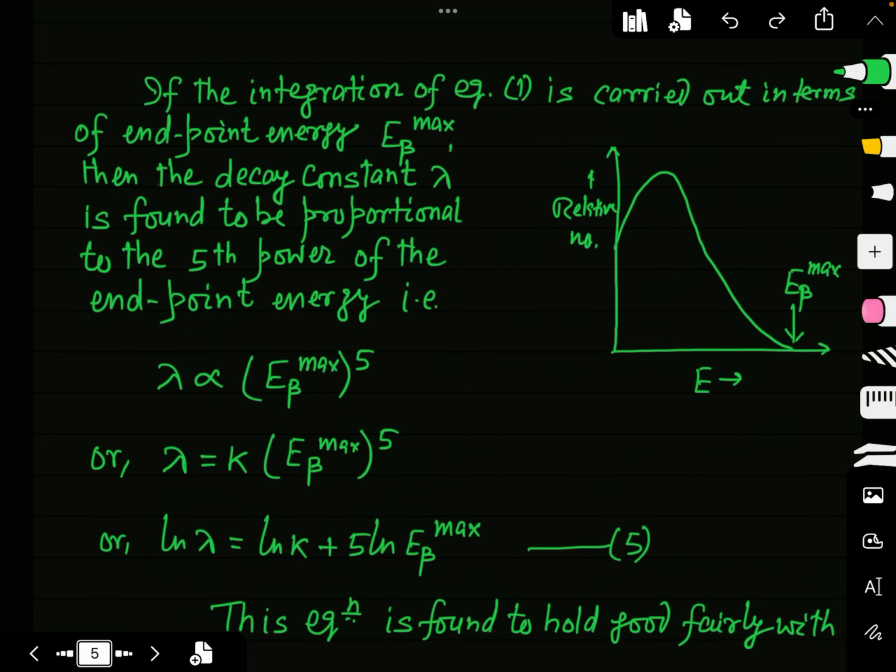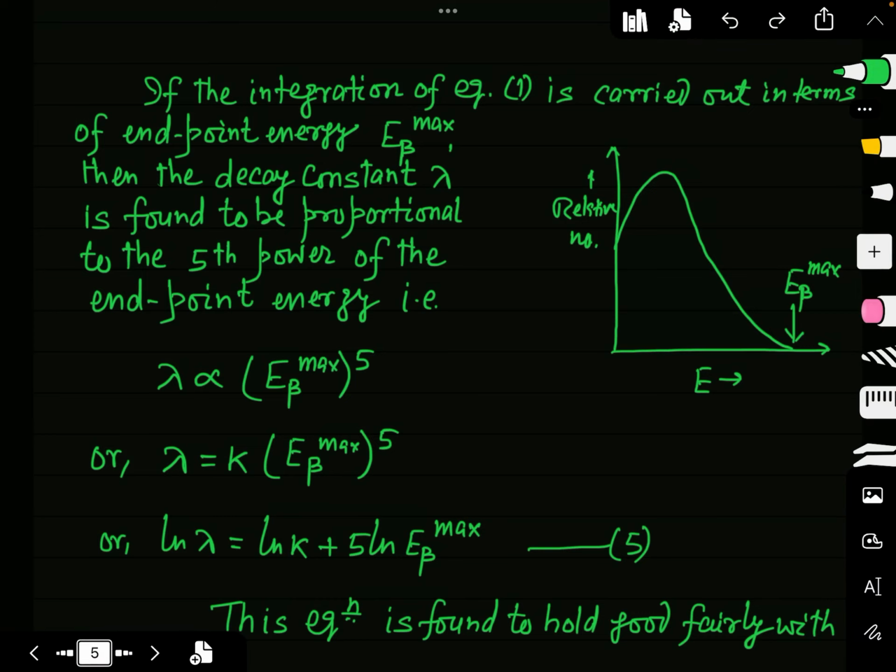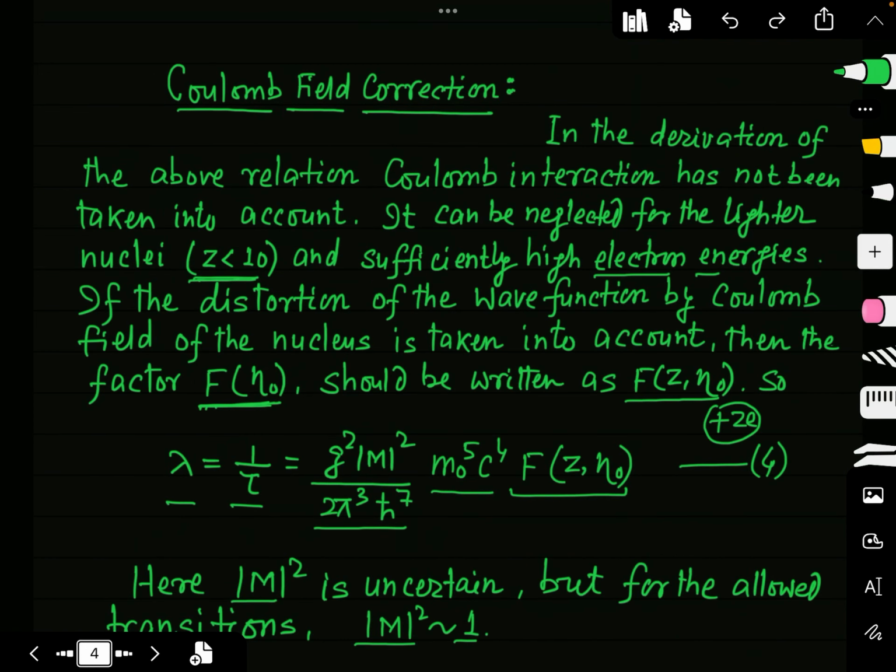And in that condition, in this expression you may write 1 in place of mod of m square. But 1 is not its exact value, this is just the order. There will be something multiplied in it.